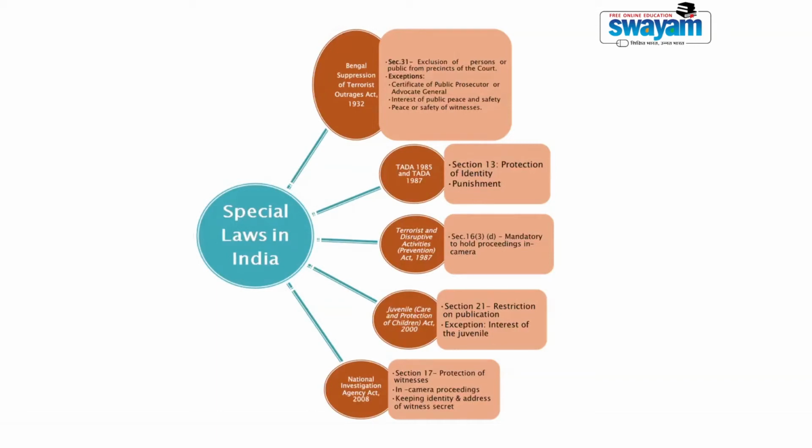The validity of section 16 was challenged in Kartar Singh versus State of Punjab in 1994, 3 SCC 569. The honorable court held that section 16 is constitutionally valid. Then POTA 2002, that was repealed in 2004. Then the Unlawful Activities Prevention Amendment Act 2004, amended on 21 September 2004.